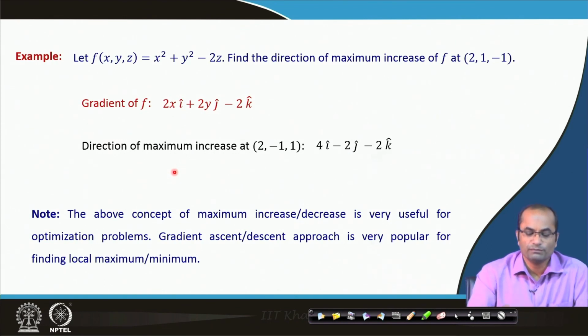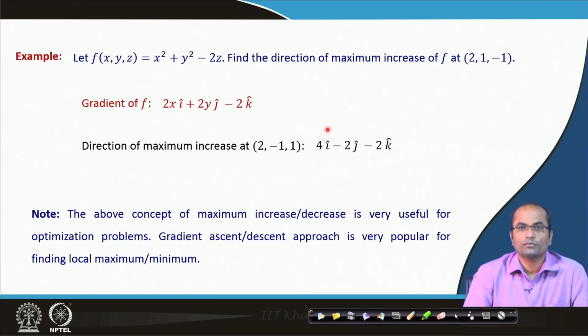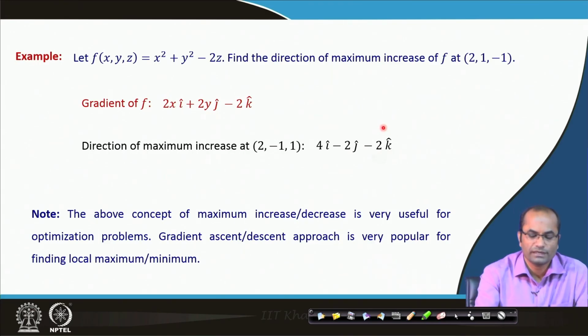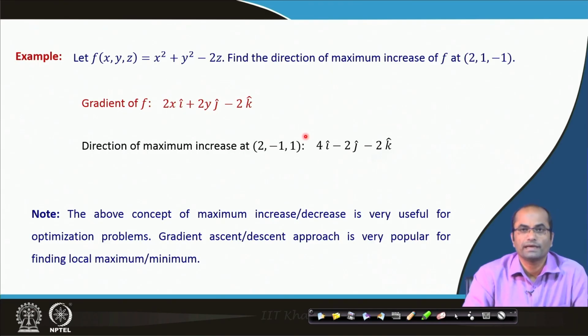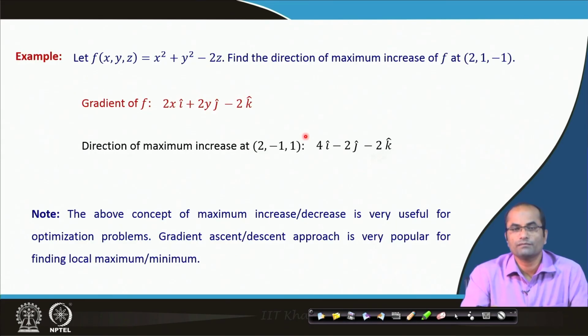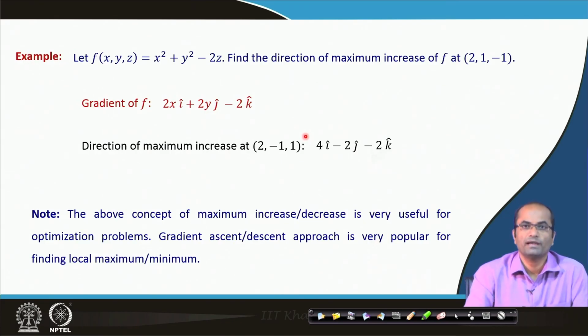So, if we move from a point in the direction of this gradient, we go where the function is increasing most rapidly, or decreasing most rapidly if we go in the direction of minus del f. In either way, this is useful to find the maximum or minimum value of the function. There is a well known algorithm, the so called gradient ascent or descent approach, which is very popular for finding local maxima and minima.